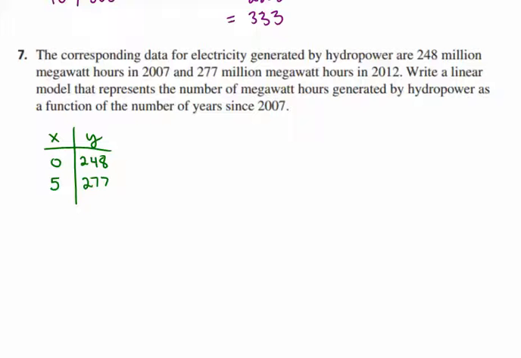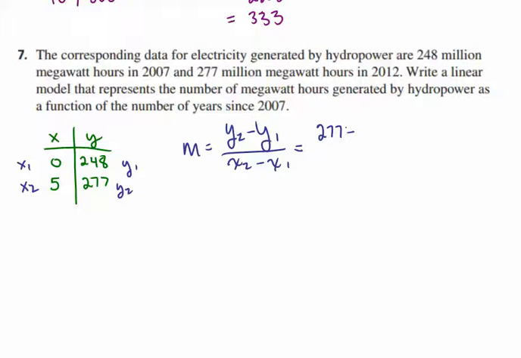All right, so I'm going to label my points x1, y1, x2, y2. My slope, m is equal to y2 minus y1 over x2 minus x1. y2 is 277 minus y1, which is 248, over x2, which is 5, minus x1, which is 0.